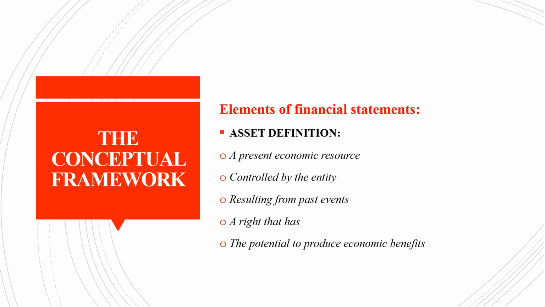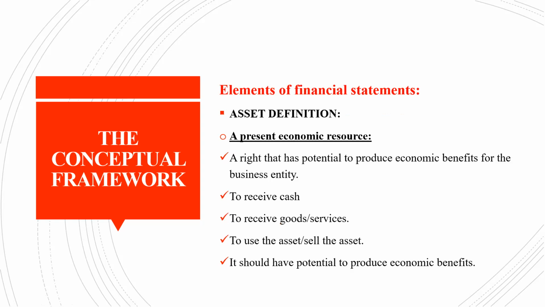Are we together? Right. Now let's explain what it means when you say that an asset is a present economic resource. It means that the reporting entity has a right, which is the economic resource here, and it has the potential to produce economic benefits for the business entity.